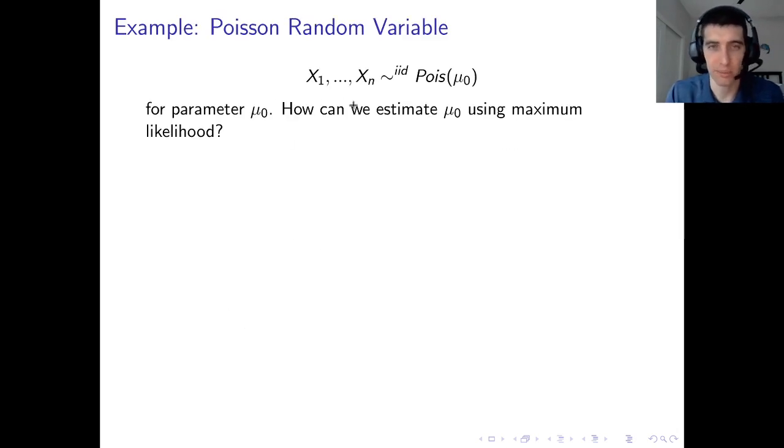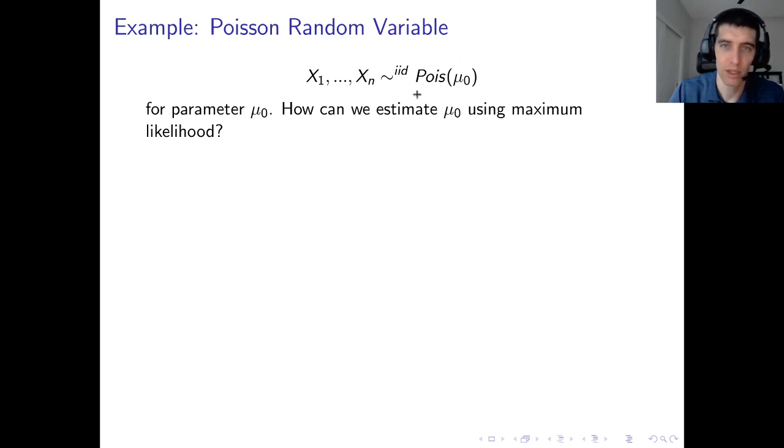So let's work an example. So I'm going to consider these x's to be Poisson. Okay, so these n samples come from a Poisson density with parameter mu. This is our mean parameter in a Poisson random variable.